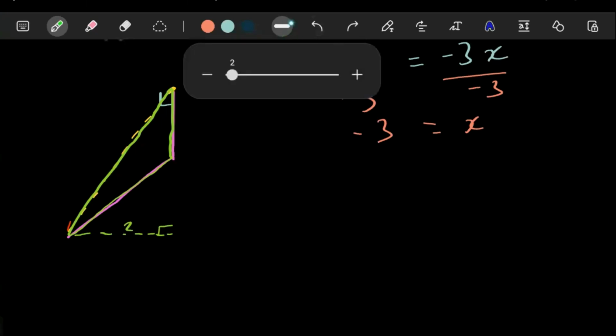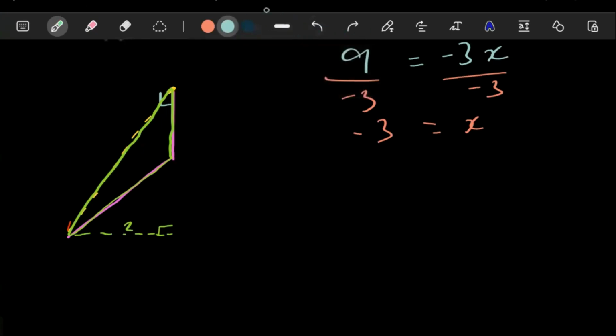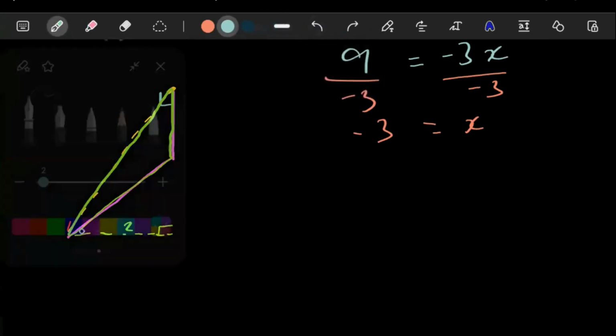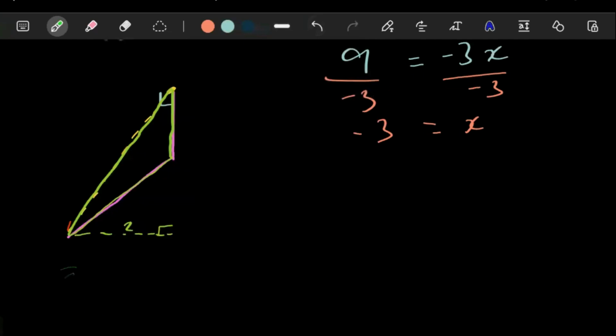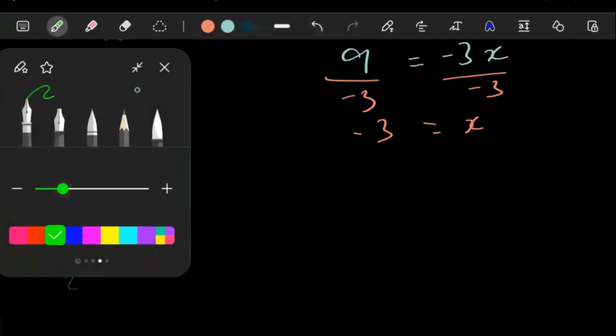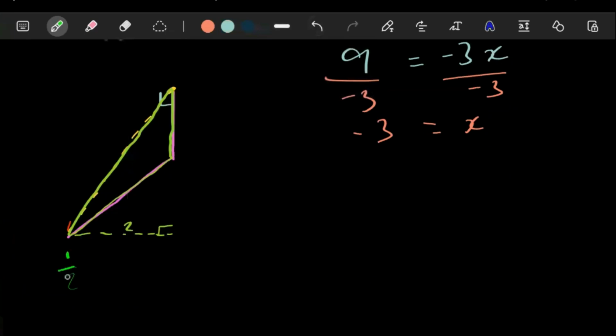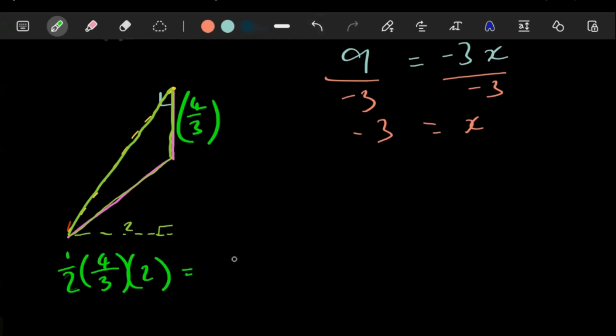The base here is just 4/3, and then the perpendicular height is 2. That's the area of this triangle here.